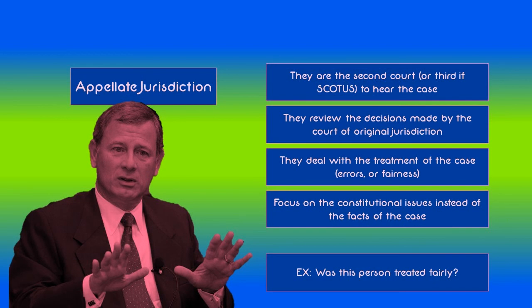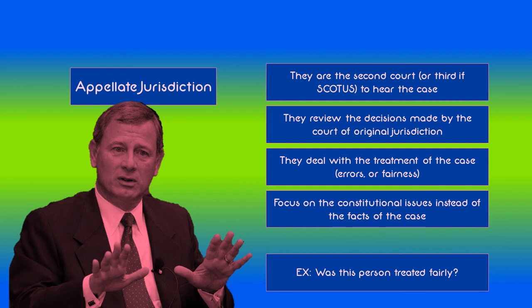Next up is appellate jurisdiction. Appellate jurisdiction means that this is the second or possibly third court to hear the case. This is a court that is reviewing the decisions that the court of original jurisdiction made. So they're just looking at the way the case was decided and trying to see if the court did the right thing.